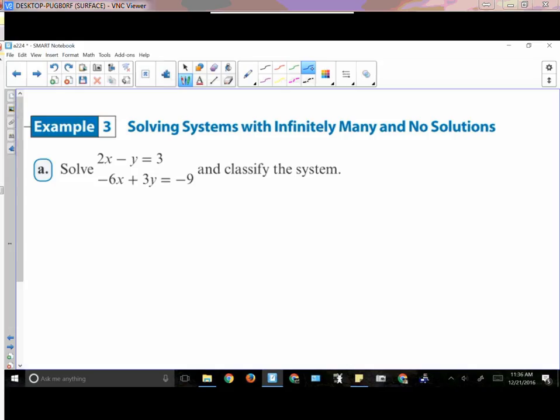So what I want to do here is I'm going to multiply this top equation through by whatever it takes to get my opposites on the y. And that looks just like a 3, right? So when I take 3 times this, I get 6x. I go over here, I get negative 3y. I multiply here, I get it equal to 9.